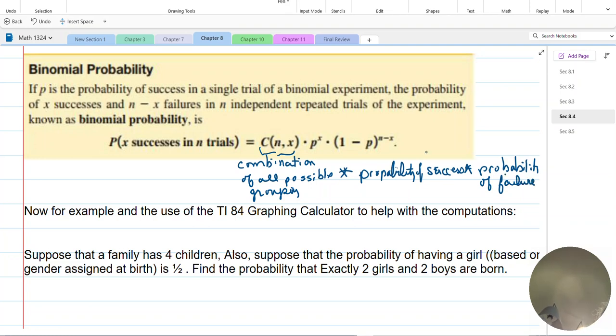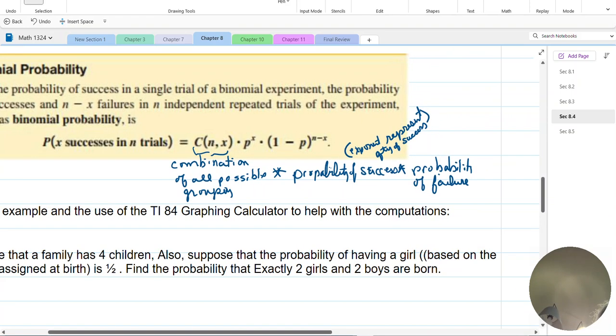Now notice the exponents, okay? Here, this exponent represents the quantity of success.